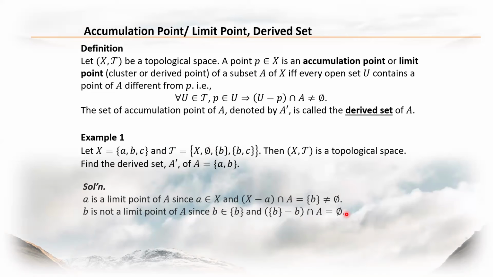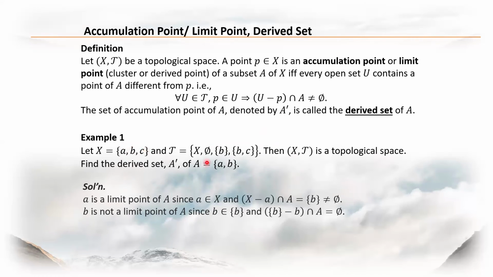So that's why b is not a limit point of A. That's what I reiterated here in our definition. If you can find at least one set belonging to tau that contains that point, and the intersection of that set minus the point with A is empty, then that point is not a limit point of A. Now, we're done with a and b. a is a limit point. b is not a limit point.